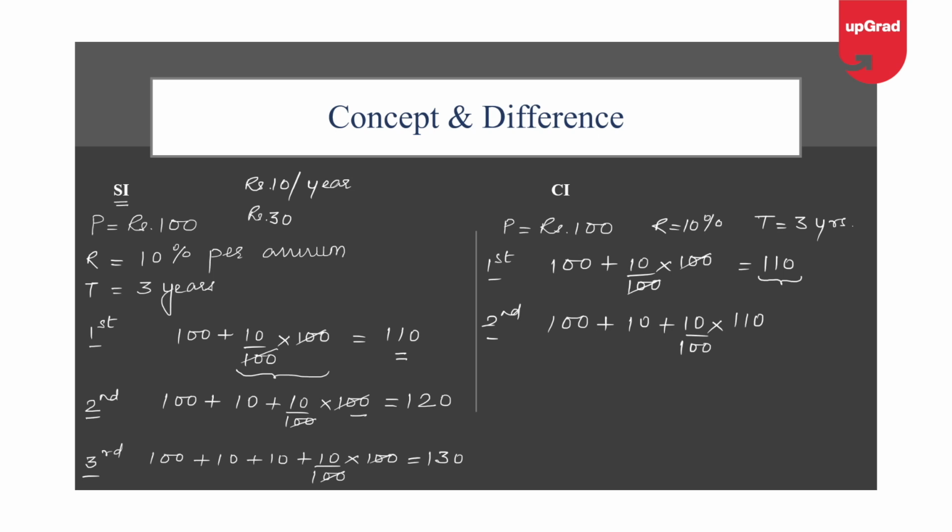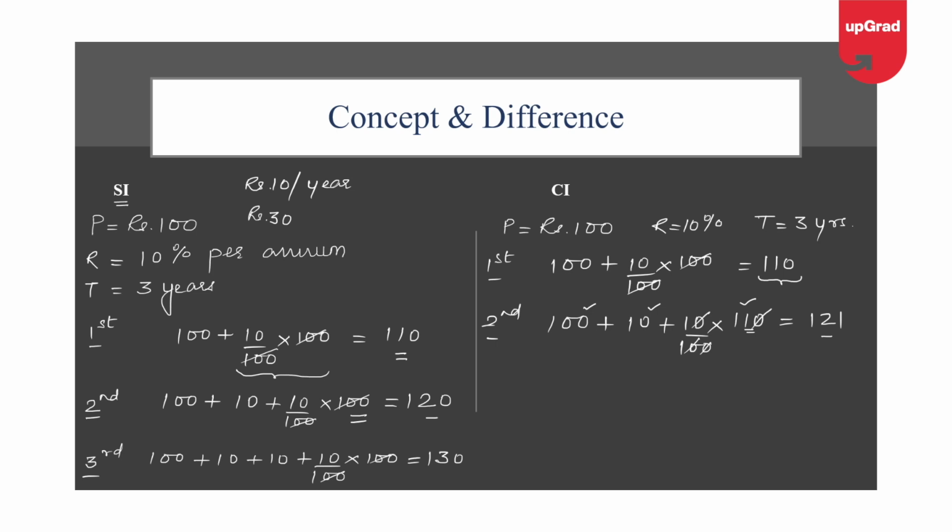Over here, it was always principal, but over here, it's the previous year's amount. Let's see what do we get. So this is 100 plus 10 plus 11. I end up getting 121, which is certainly different from this value of 120.